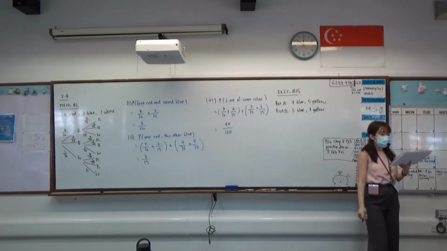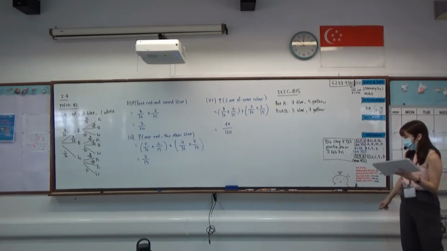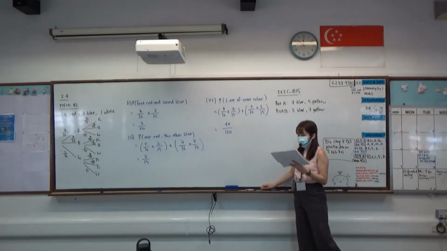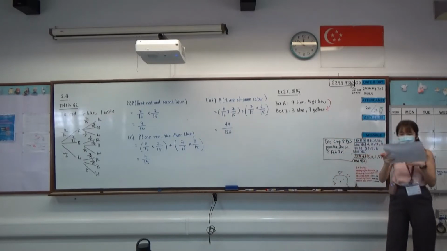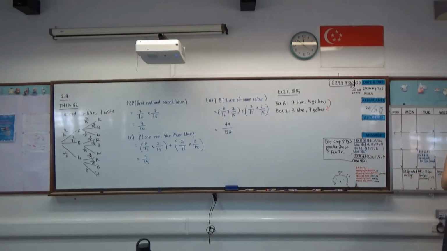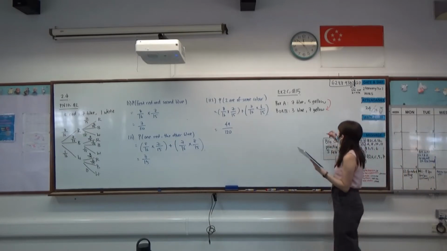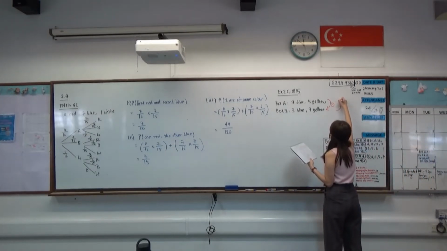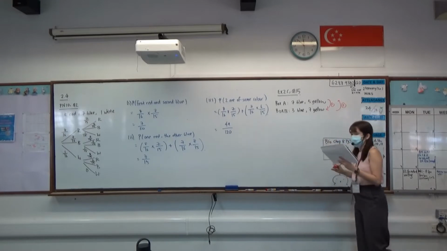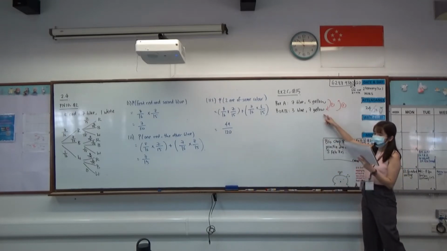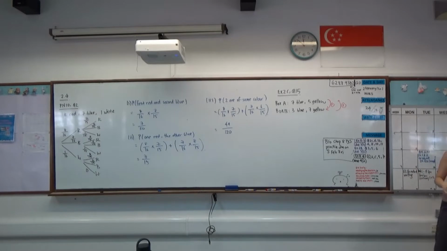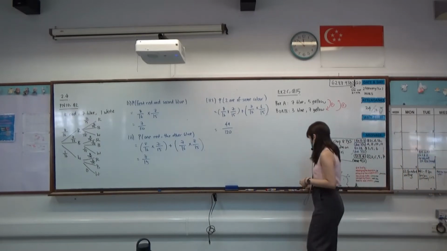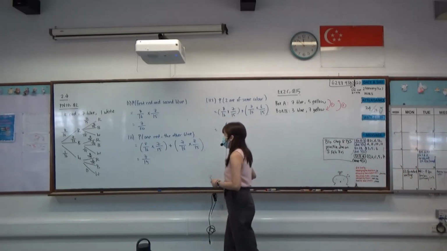Okay, so one ball is removed at random from box A and placed into box B. Okay, and after thoroughly mixing the balls, a ball is drawn at random from box B and then placed into box A. So the first step is from box A to box B. Second step is from box B to box A. Okay, we want to draw a tree diagram to illustrate the experiment. Okay, so how will this tree diagram actually look like?